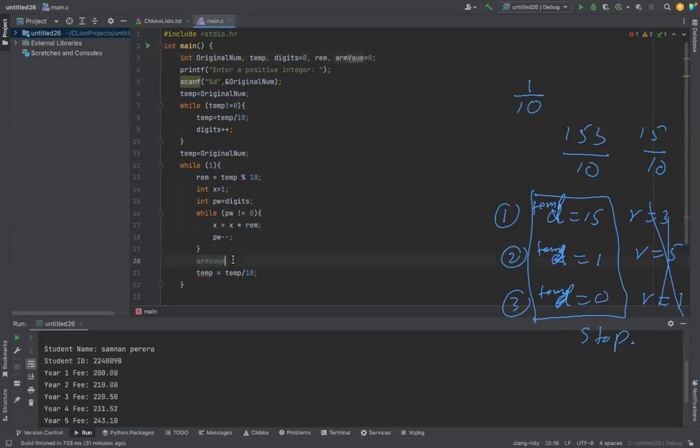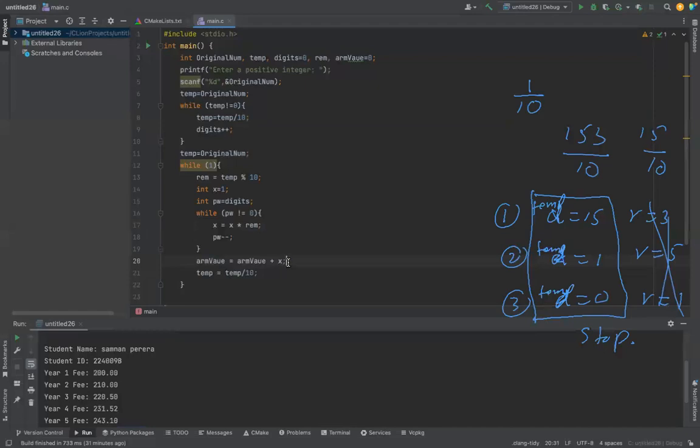Armstrong value is equal to the existing Armstrong value plus 3 to the power 3 to the power 3, that is our x variable.